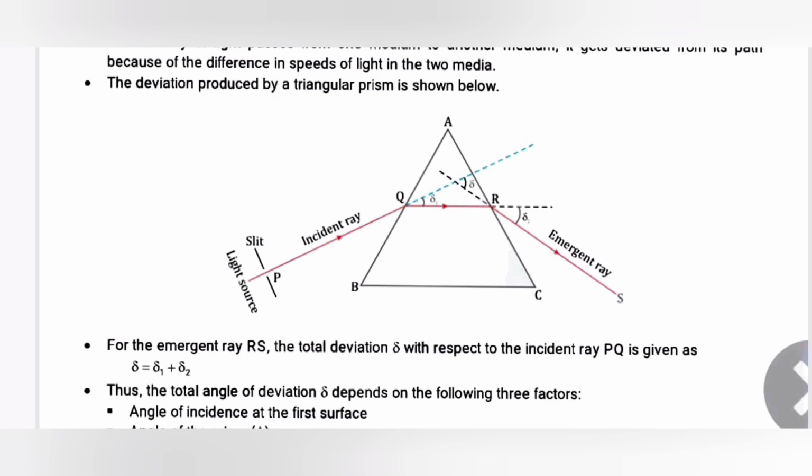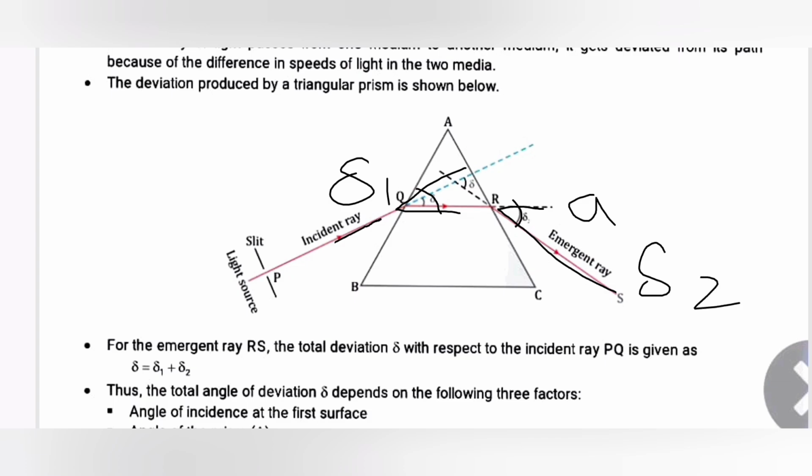When you calculate those angles, the angle PQB is delta 1 and the angle SRA is delta 2.